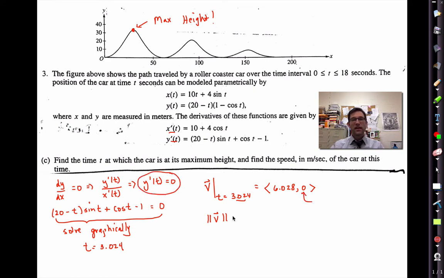The speed just becomes the x component of the velocity. You can go through the speed formula if you like, but you're going to square 6.028 and then take its square root. You're going to get 6.028. It's important to note that if that x velocity was negative, the speed would still be positive.